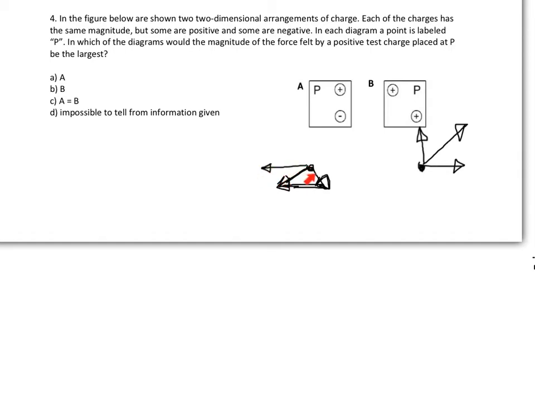There are two reasons why this is smaller. One, if you were to increase this angle, you would tend to start getting a shorter vector. Also, if you decrease the length of one of these vectors, you tend to get a shorter vector. So all those add up to B having the largest magnitude.